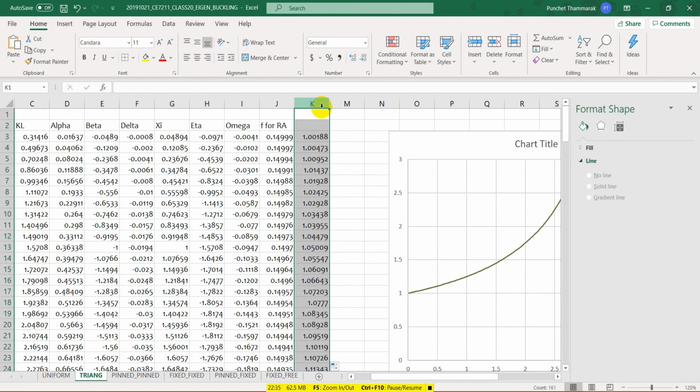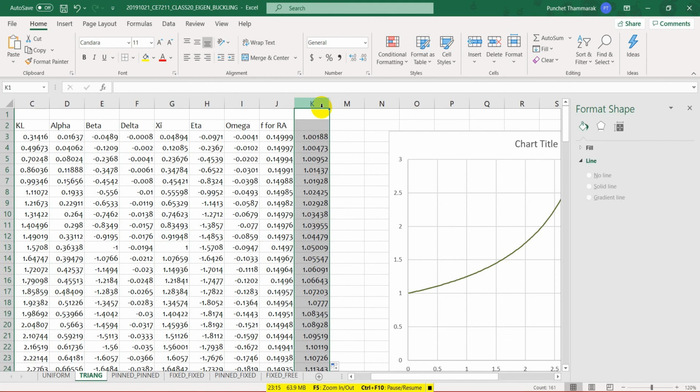You incorporate that applied moment, and that's all, in order to come up with the MB. Then the MB is generally WL square over 20 if P is 0. So you take the expression for MB and multiply by 20. You will get the magnification factor for MB, and that starts from 1 and then it will vary. So prepare this.